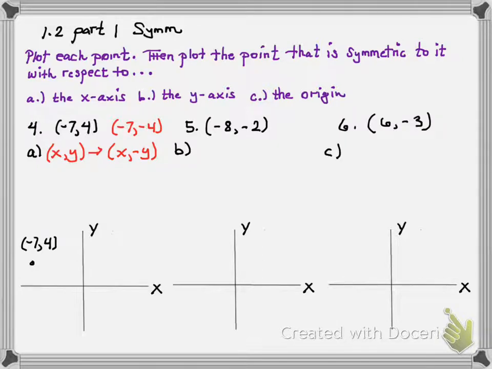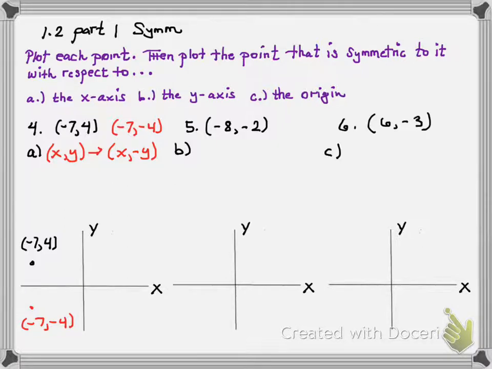Our new point would be roughly right here. I'm going to label it also, negative 7, negative 4. And you can see that our new point is symmetric to the original with respect to the x-axis. It is as if our original point reflected over the x-axis.